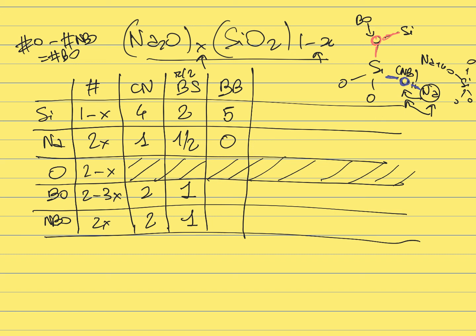Bridging oxygen. Remember, in the case of silica, we said that bridging oxygen has a broken bond bending constraint because this glass has such a high glass transition temperature. But as soon as you have a little bit of sodium in this glass, it is going to dramatically decrease its glass transition temperature.